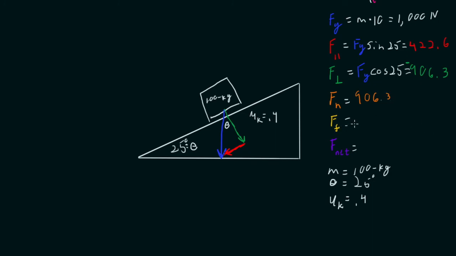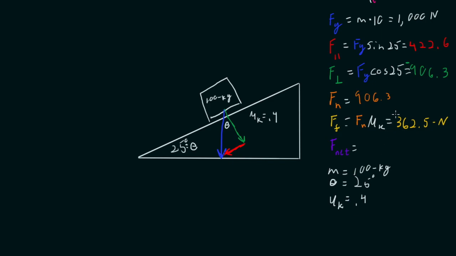And now I can find my force of friction, because that will be my force normal times my mu k, which in this case will be 362.5 newtons.